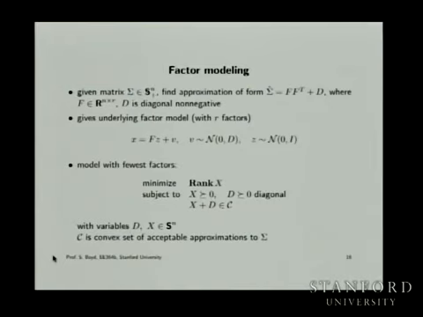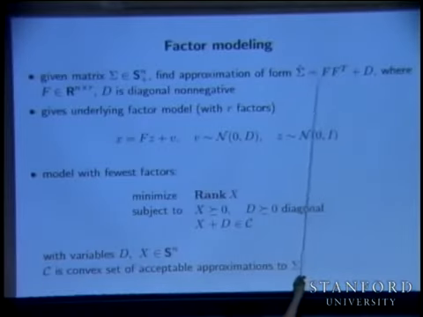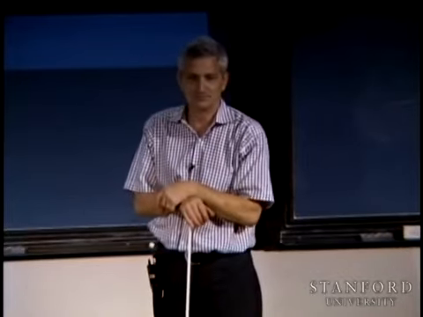Now, by the way, there are some very easy ways to check factor models. If D is 0, how do you approximate a positive semi-definite matrix as just low rank?